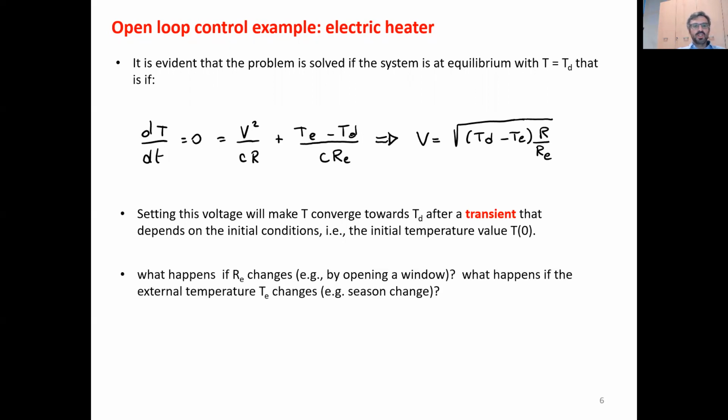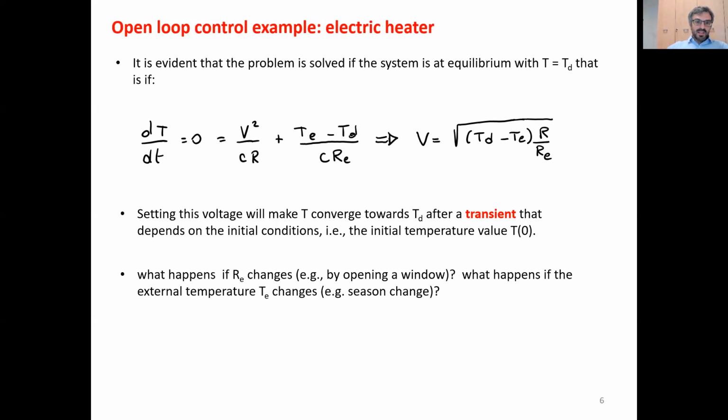But what happens if we have disturbances, either external disturbances or parametric disturbances? For example, if R_E changes, it means that we open the window and there is more thermal conductivity and more heat will go out from the room, changing the dynamics of the temperature. So whatever you computed with this will no longer hold.